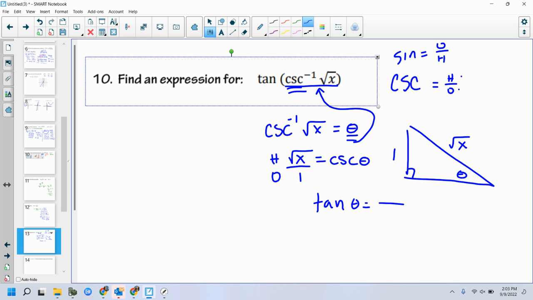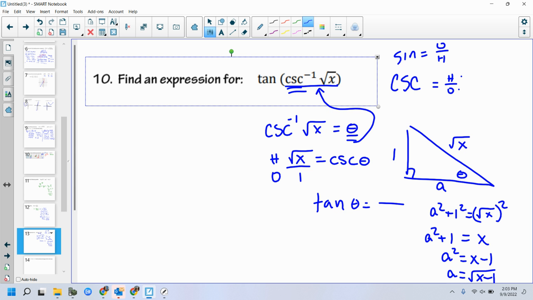All right, so tangent theta is opposite over adjacent, so I need to figure out what adjacent is. So a squared plus 1 squared is equal to radical x squared. All right, so that radical x squared goes to x. So a squared plus 1. So a squared is equal to x minus 1. So a is equal to radical x minus 1.